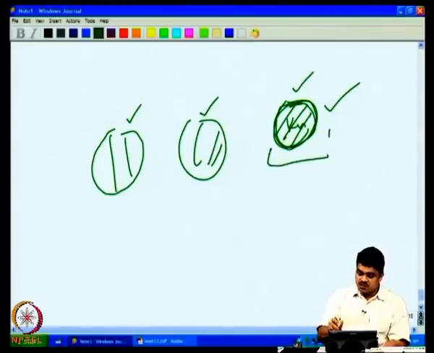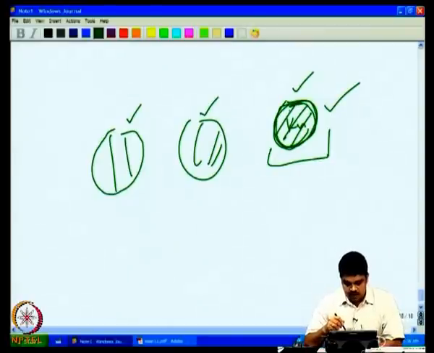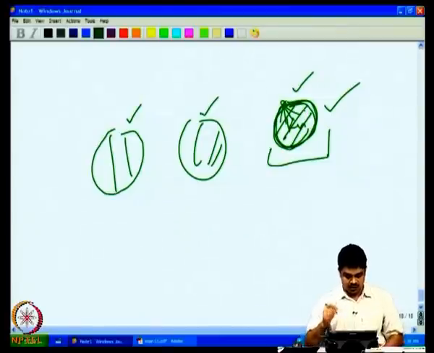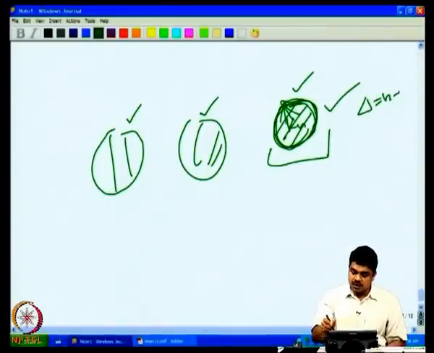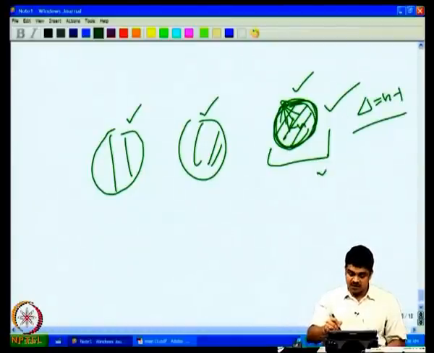But suppose I take the maximum number of colors here, and the maximum degree also comes from this component. Then delta equal to n minus 1, and because of this clique, we have to give delta plus 1 colors, right.